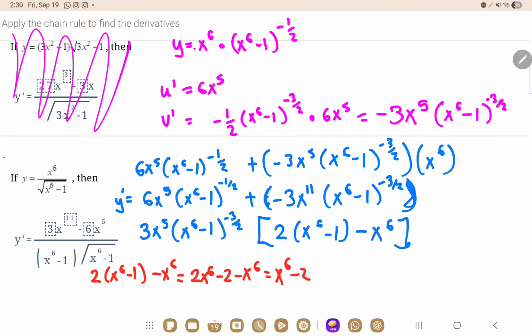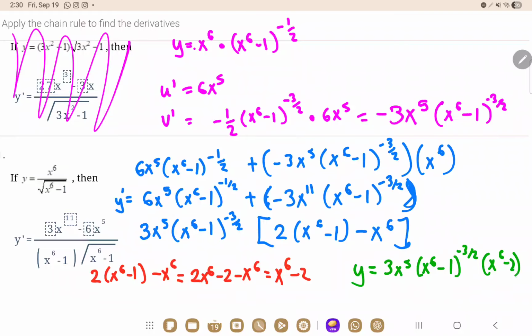Now we can work with our final equation, which is y equals 3x^5 into x^6 minus 1 to the power of negative 3 over 2 times x^6 minus 2.